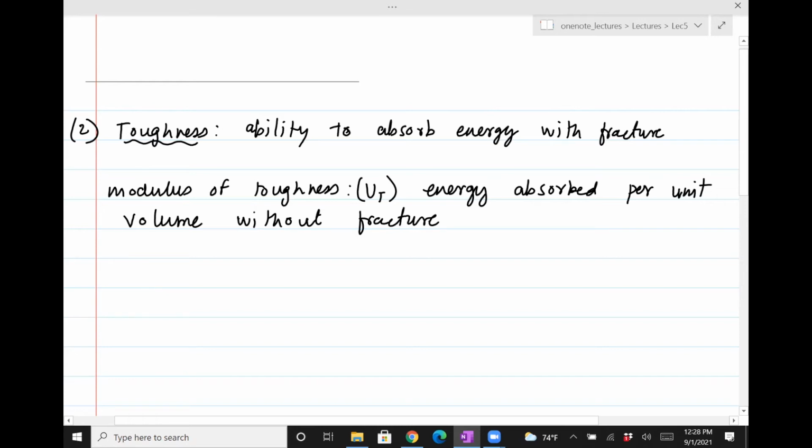Oh, sorry. Good catch. It's without fracture. So you don't want it to break before you compute that.